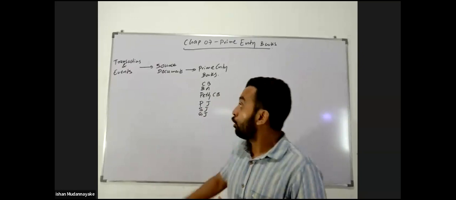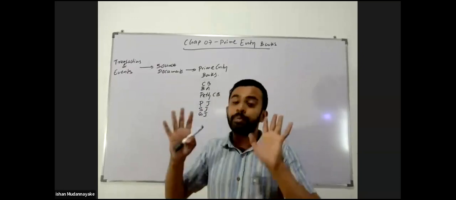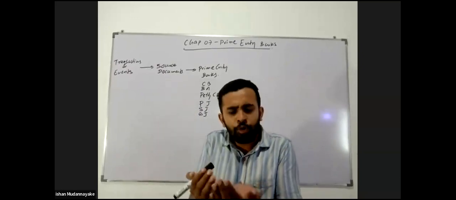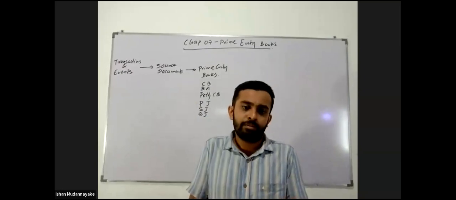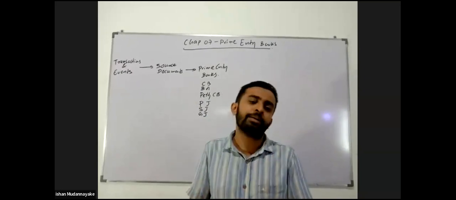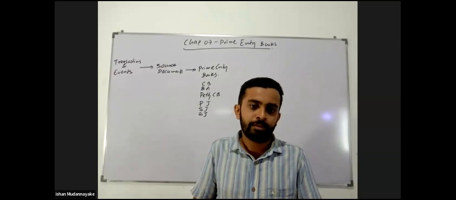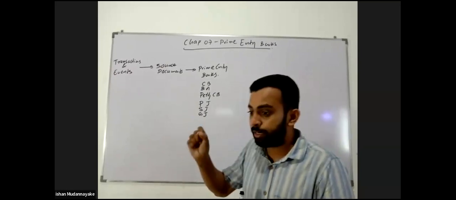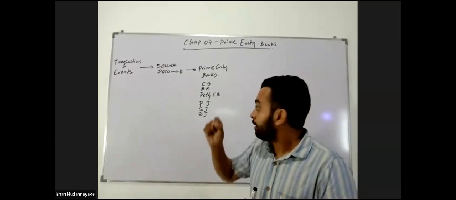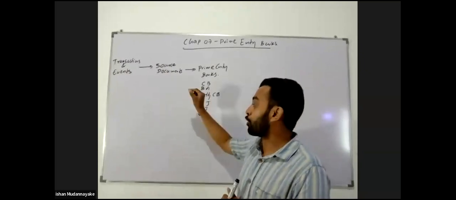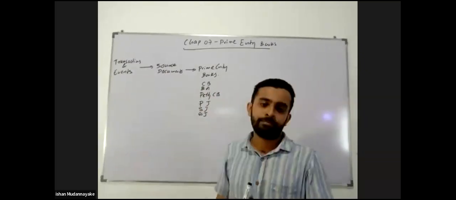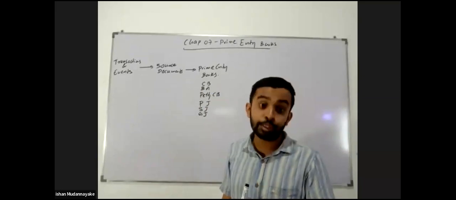Source documents are 100% practical. Already we have discussed that accounting is a 100% practical subject. We can identify a source document for each and every transaction in a business organization.